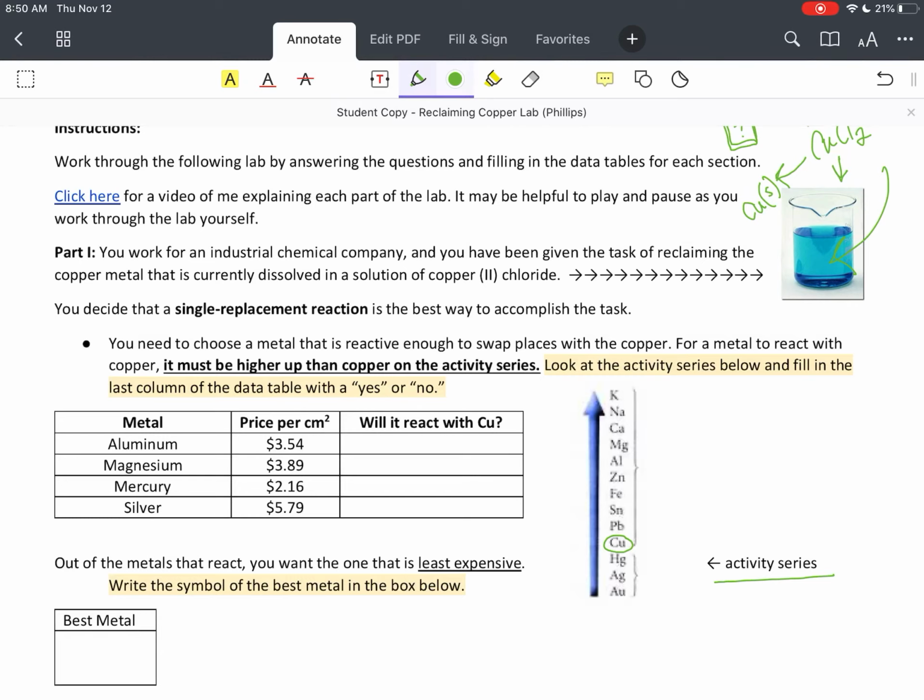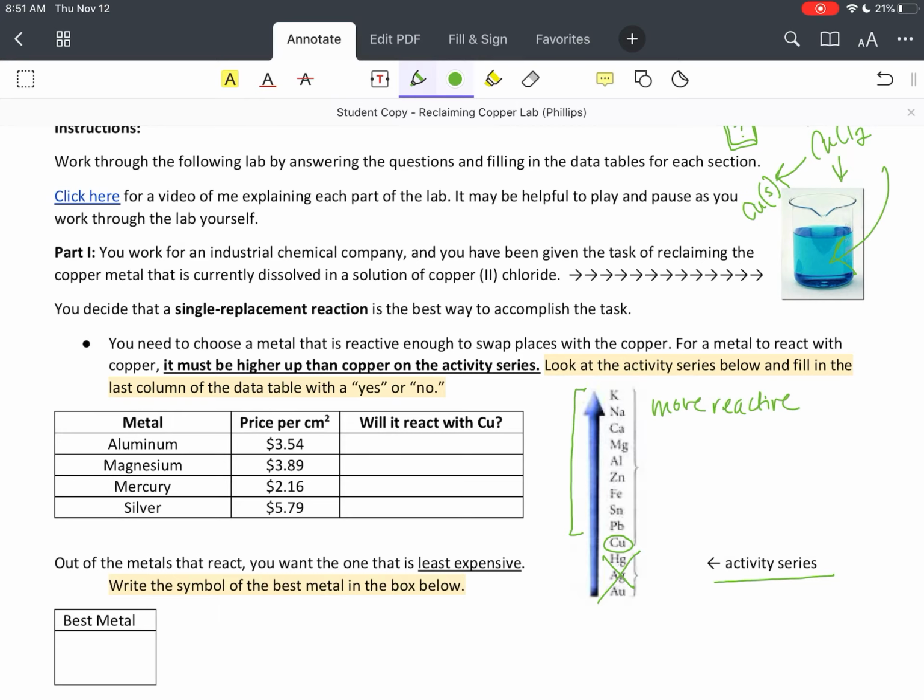So the higher up on the scale, the more reactive the element is. So if we want something to replace copper, we want to choose something that is above copper, so that is somewhere in this upper range here. Anything that's below copper is not going to work in our reaction. No reaction will take place. So that's my first step.